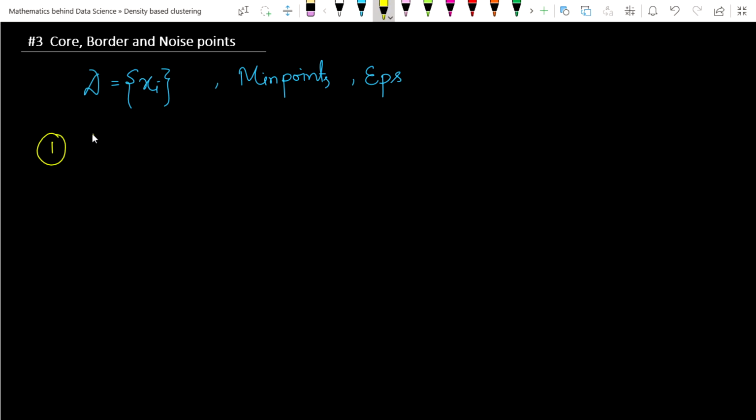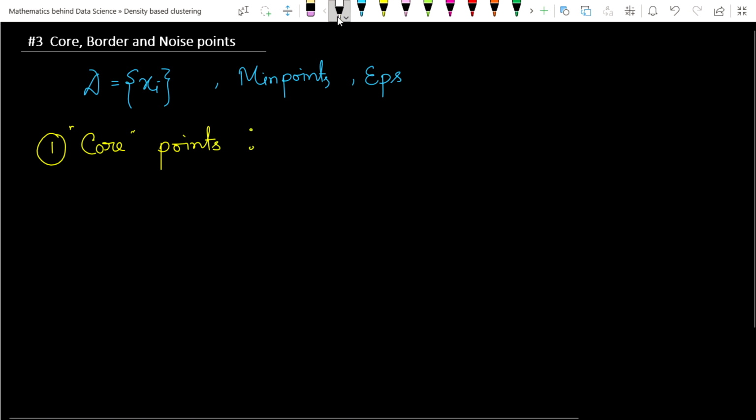First, let's discuss what a core point is. The definition of a core point is: if a point P has at least the minimum number of points in some epsilon, then we call this point a core point.